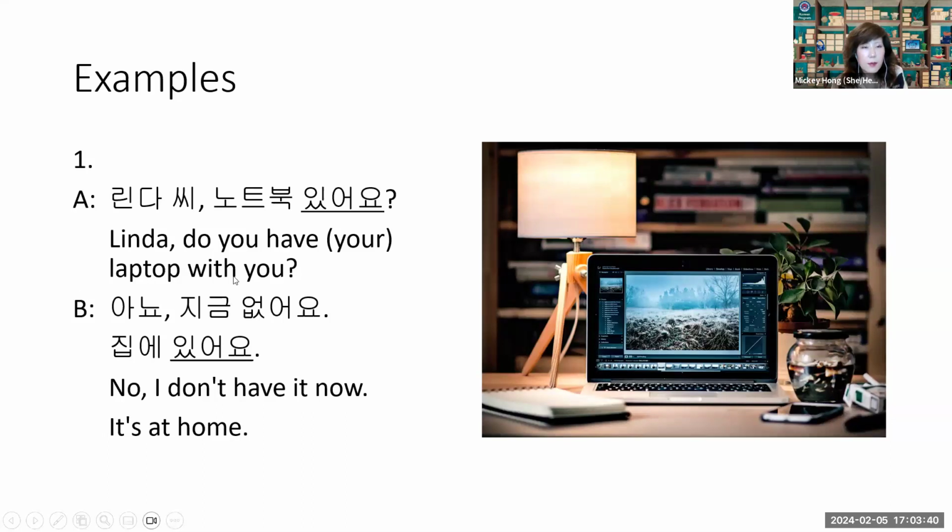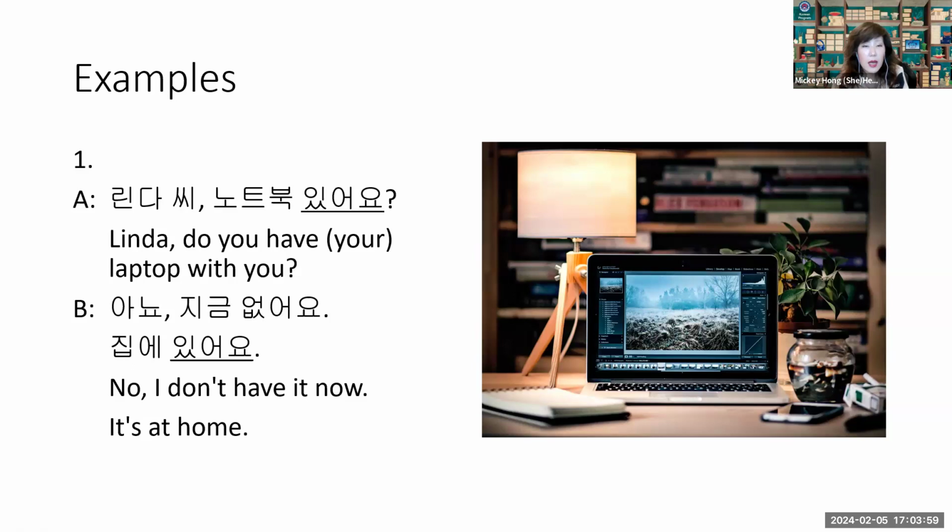Let's have a look at an example. This dialogue. A asks Linda, Linda 씨, 노트북 있어요? In Korean, instead of laptop, we say notebook, and it could be either the physical notepad or laptop. 아니요, 지금 없어요. 집에 있어요.